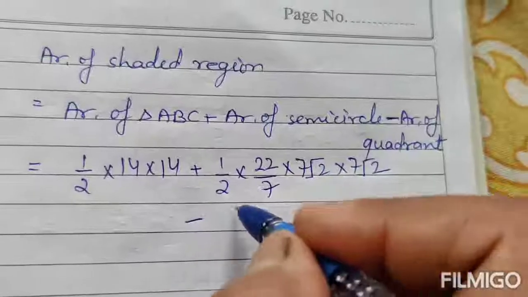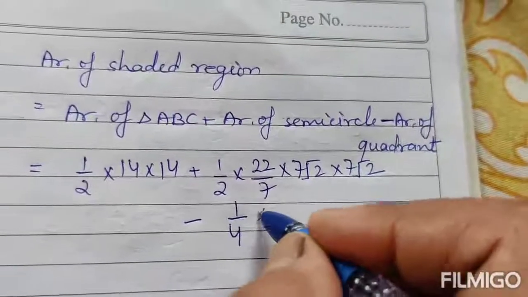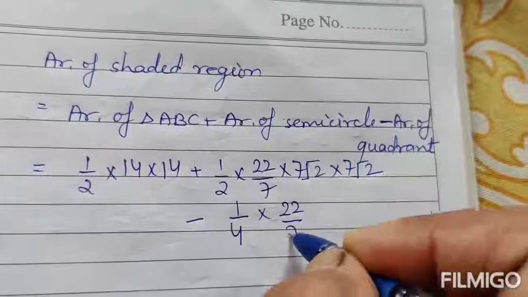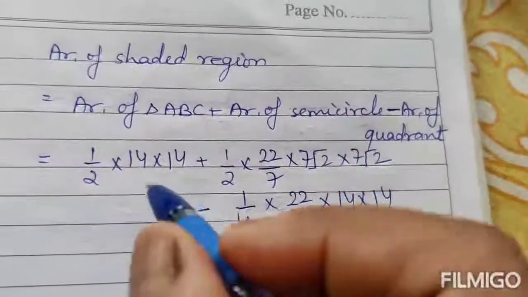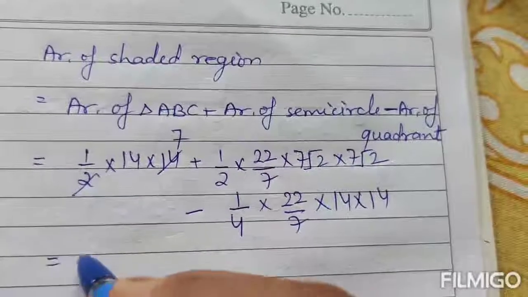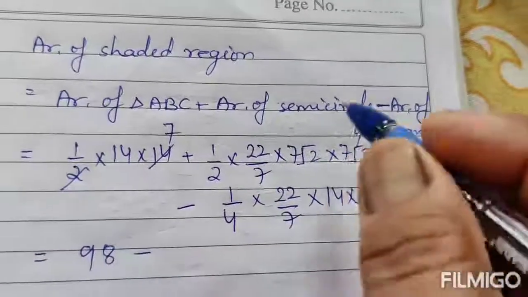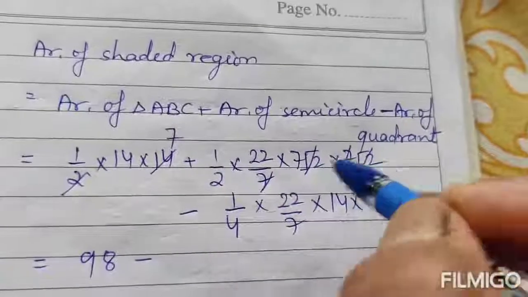Minus area of quadrant means 90 by 360 or 1 by 4, pi r square, r is 14 into 14. 14 7 ja 98 minus 7 root 2, cancel by this.